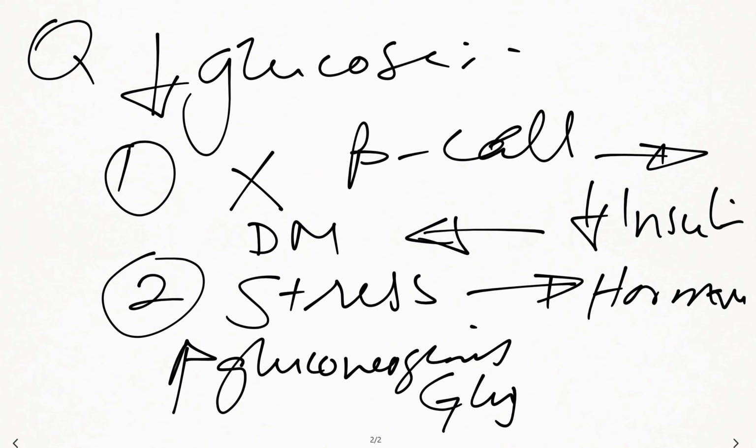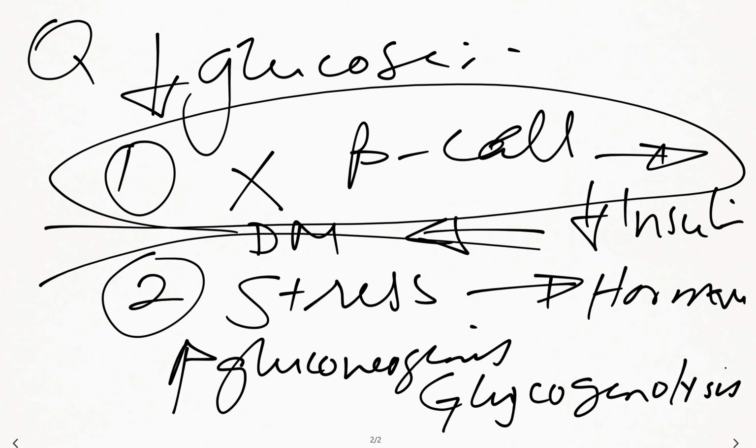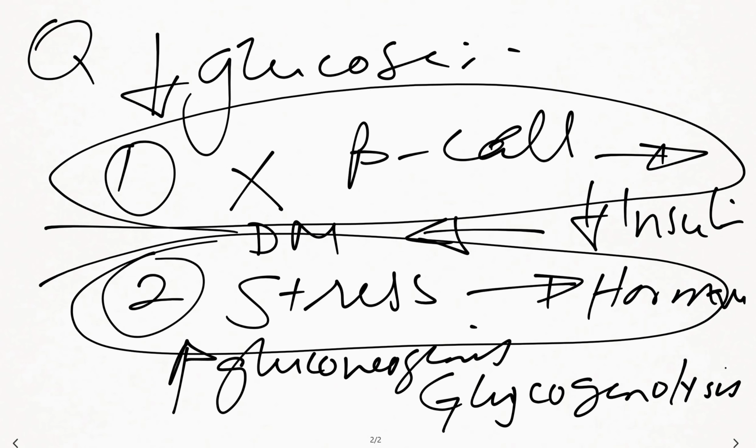I'm sorry, glycogenolysis. Anyway, all of these will release glucose. So the common cause is the destruction of the beta cells, and the stress response is another reason. Okay, I hope this is clear enough.